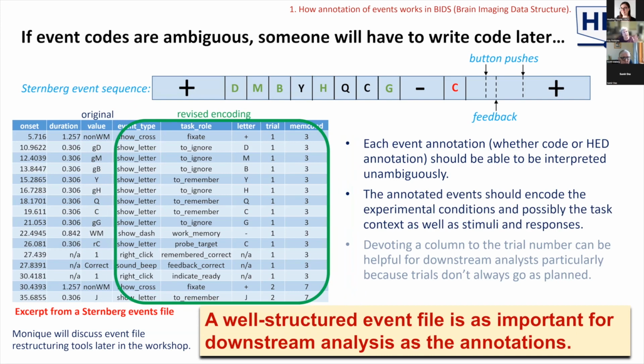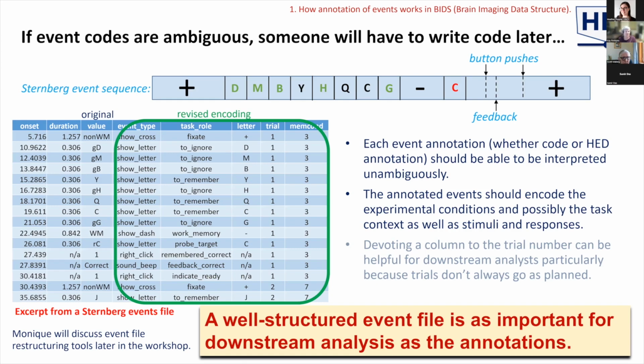This isn't required, but it's useful to separate the idea of what happened in the event, that's using the event type, and what that meant in the experiment, which we put in a task row column. The column names you can do whatever you want, but this is as good as any. And then some specific things like what letter, we put that in a separate column, and that can be annotated separately.